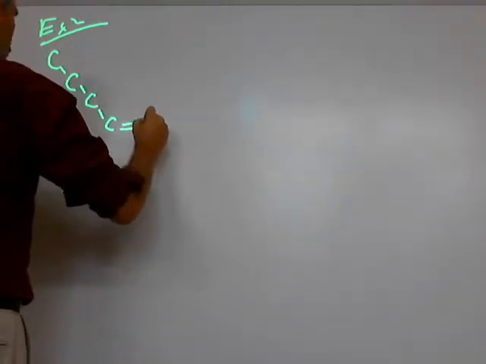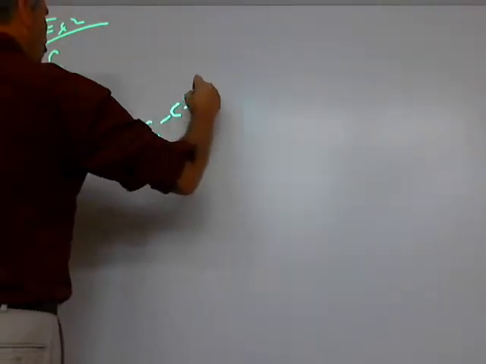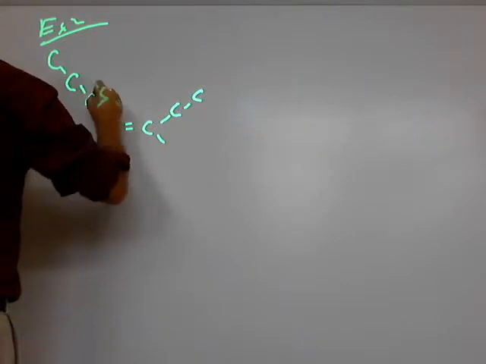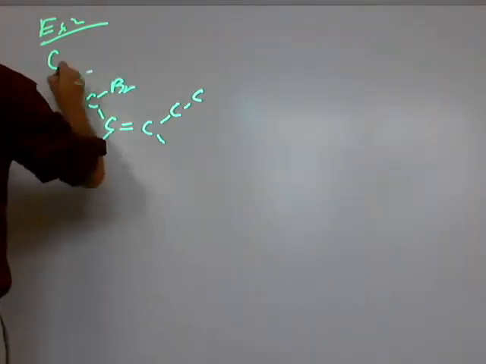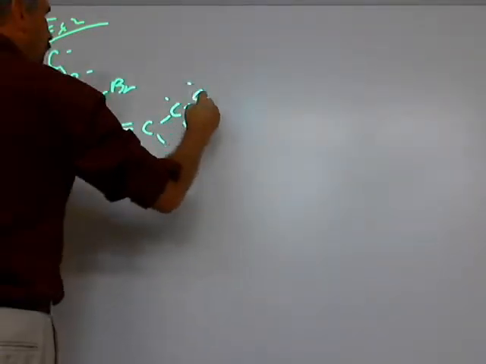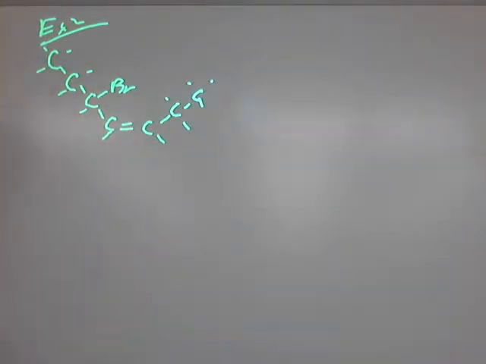See if you can tell me this guy's name. And you got to use the same rules you learned from before, okay? Okay, so draw that guy under example 2.